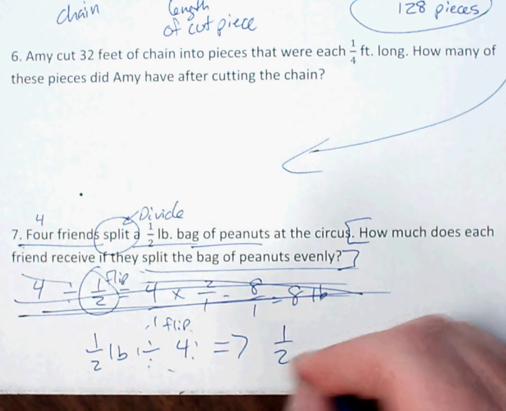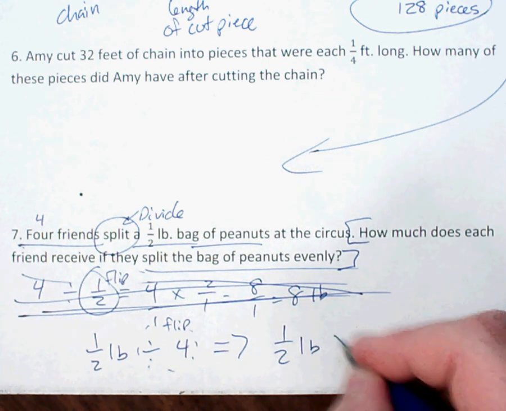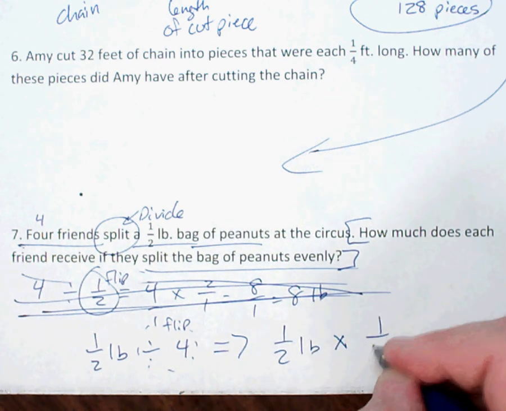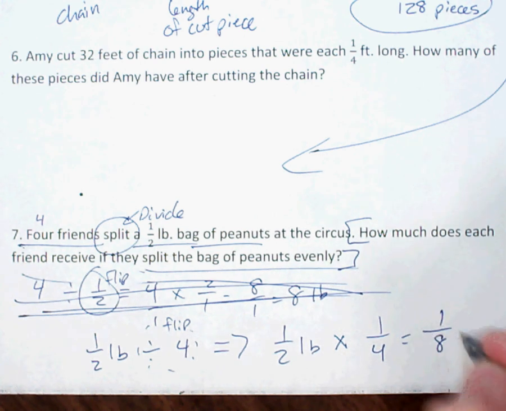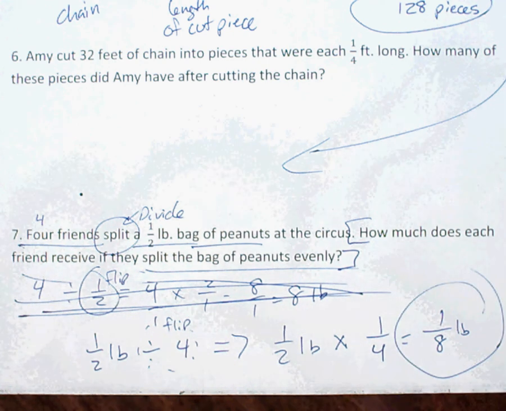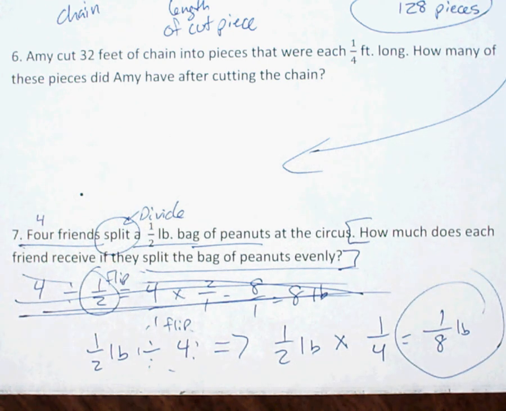So we end up with 1/2 pound times 1/4. 1 times 1 is 1, 2 times 4 is 8. And so each friend gets 1/8 pound of peanuts, which makes a lot more sense than each friend getting 8 pounds.